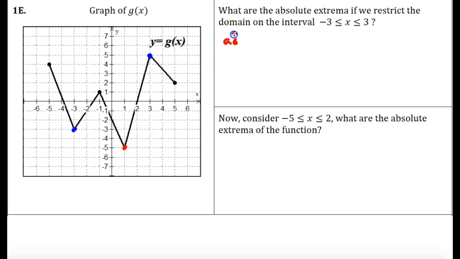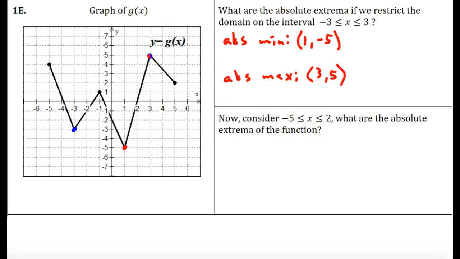So my absolute min is at (1, -5), and my absolute max on this interval, so from here to here, looks like it occurs here at the endpoint. So at the point (3, 5).